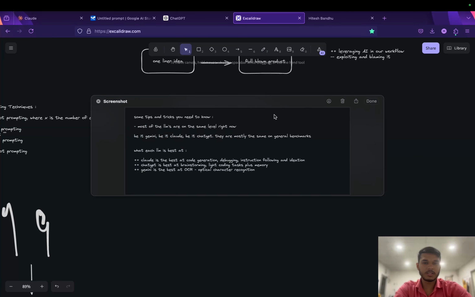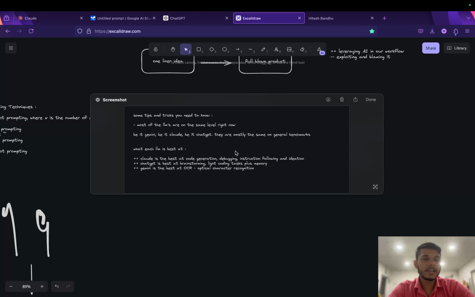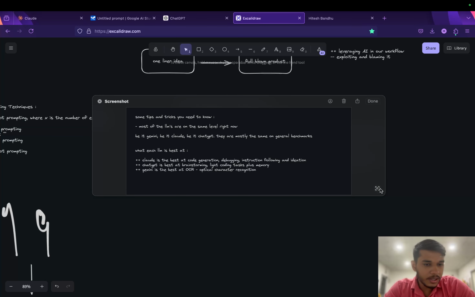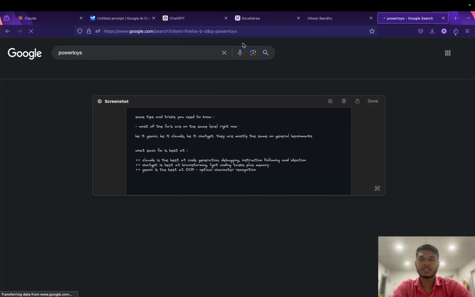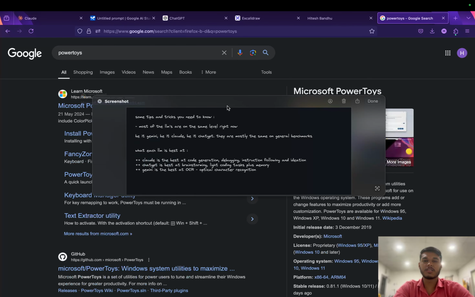Here is the screenshot. If I want all the text from it, I press this button on a Mac. I don't know if it works on Windows. It works on Windows, but you can install PowerToys on your Windows desktop. It'll do the work for you.